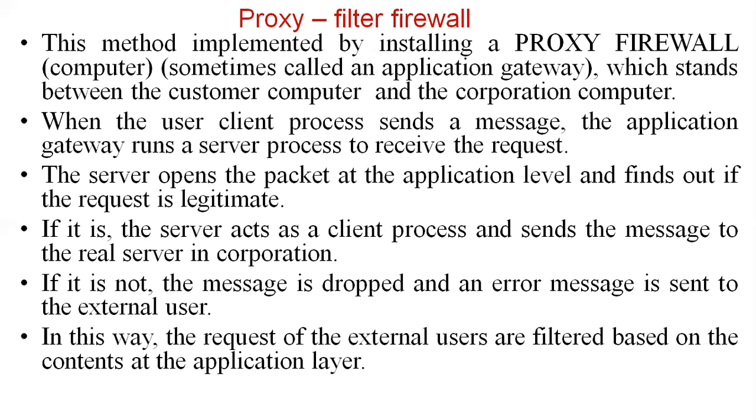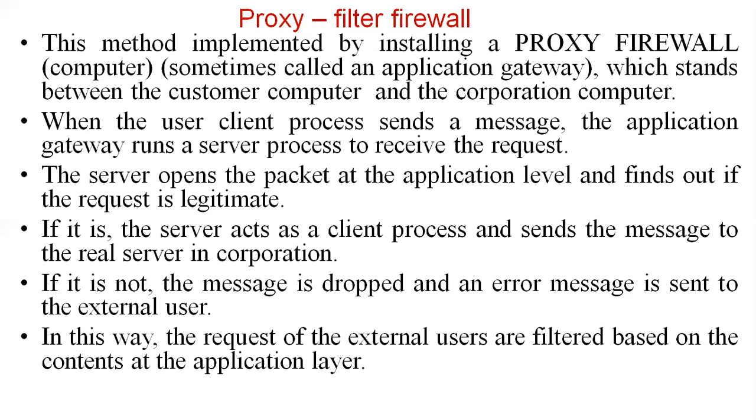If the request is not approved, the message is dropped and an error message is sent to the external user. In this way, the requests of external users are filtered based on the contents at the application layer level.